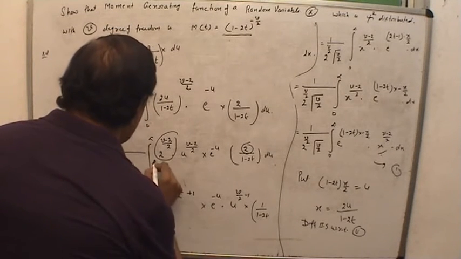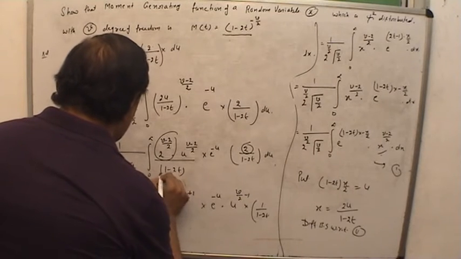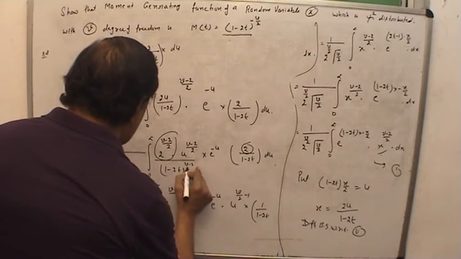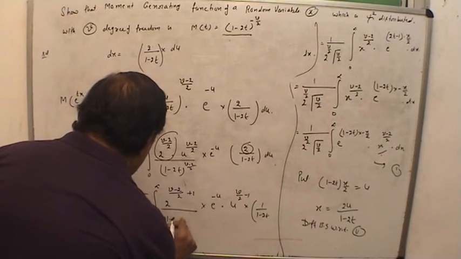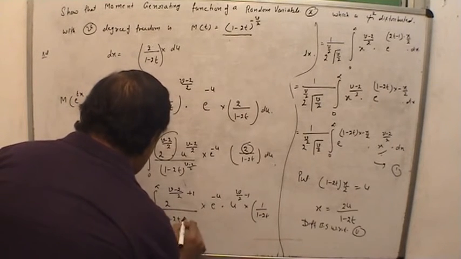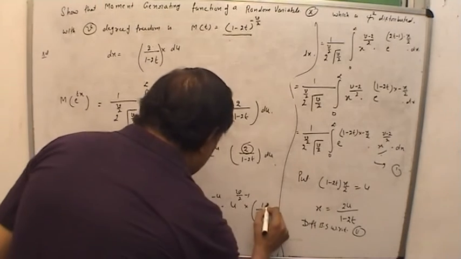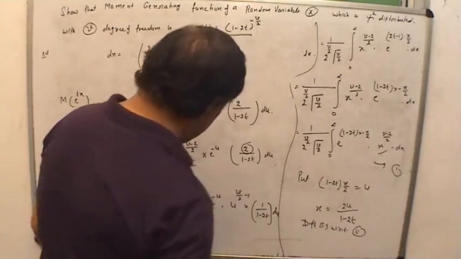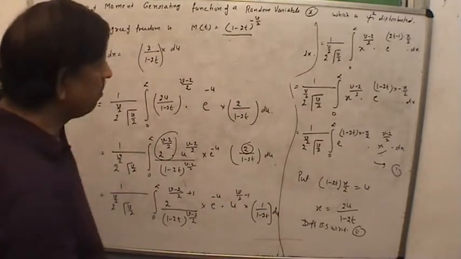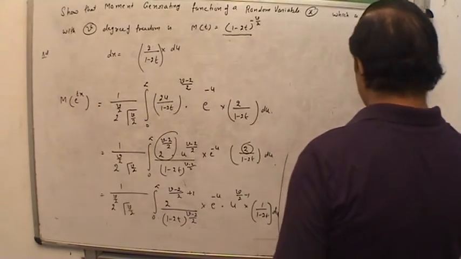Here it was the term 1 minus 2t raised to the power v minus 2 divided by 2, and here it was 1 minus 2t raised to the power v minus 2 divided by 2 into 1 upon 1 minus 2t, dt into du.